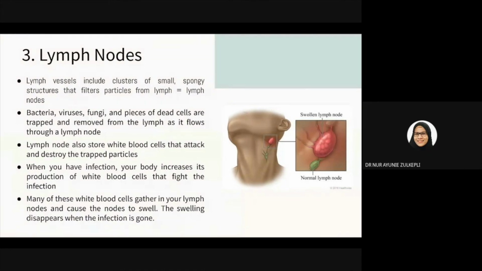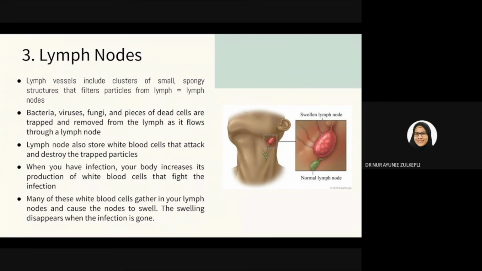So that's why when you have an infection, we usually check our lymph node area, like below our armpit or around our neck. When there is a lump, we know it's a sign of infection.